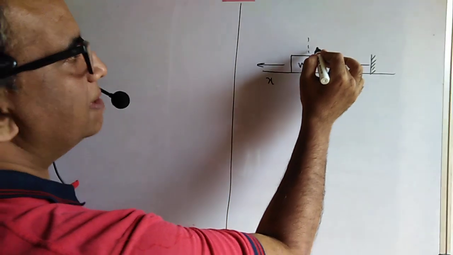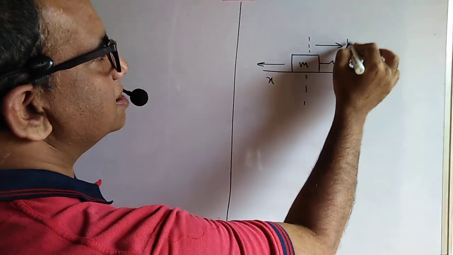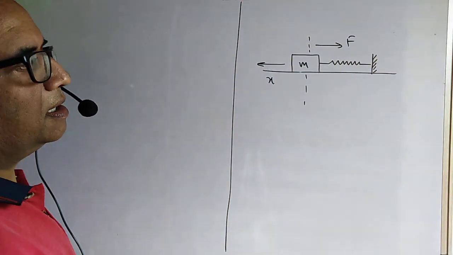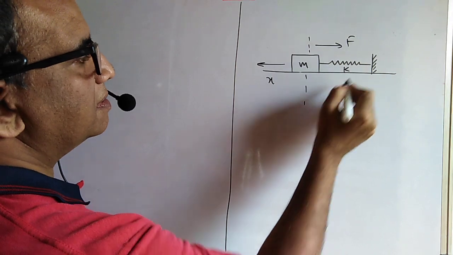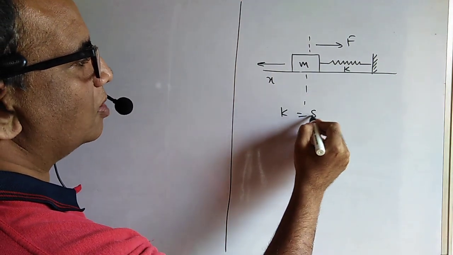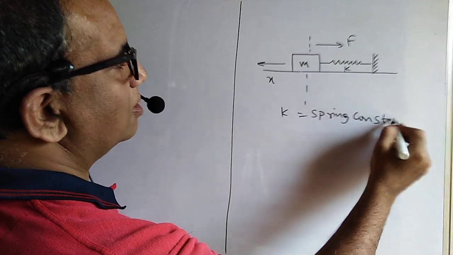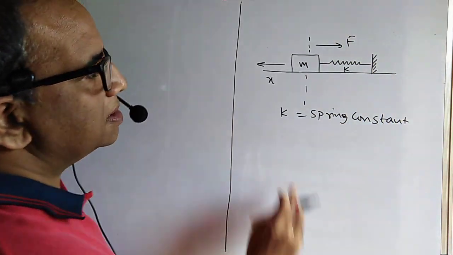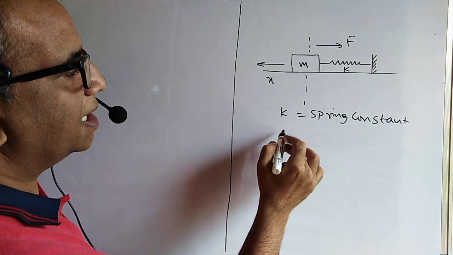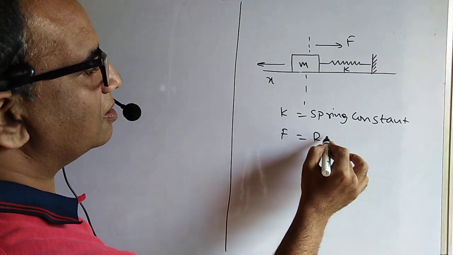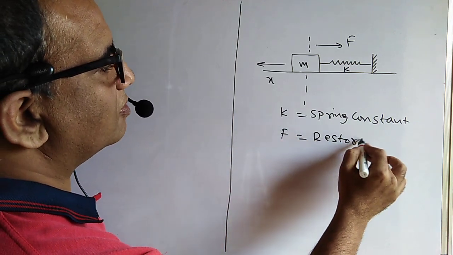Then we will have a restoring force on this side. Here k is called the spring constant, and F is called the restoring force.